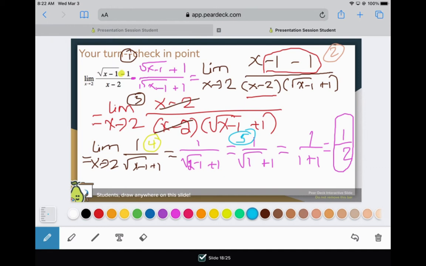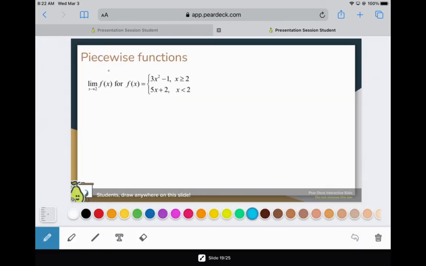All right, so that is multiply the conjugate, and the new one that we want to work on today is the piecewise function. Piecewise function, so this is the last type of problem that we can look at to find a limit, okay?